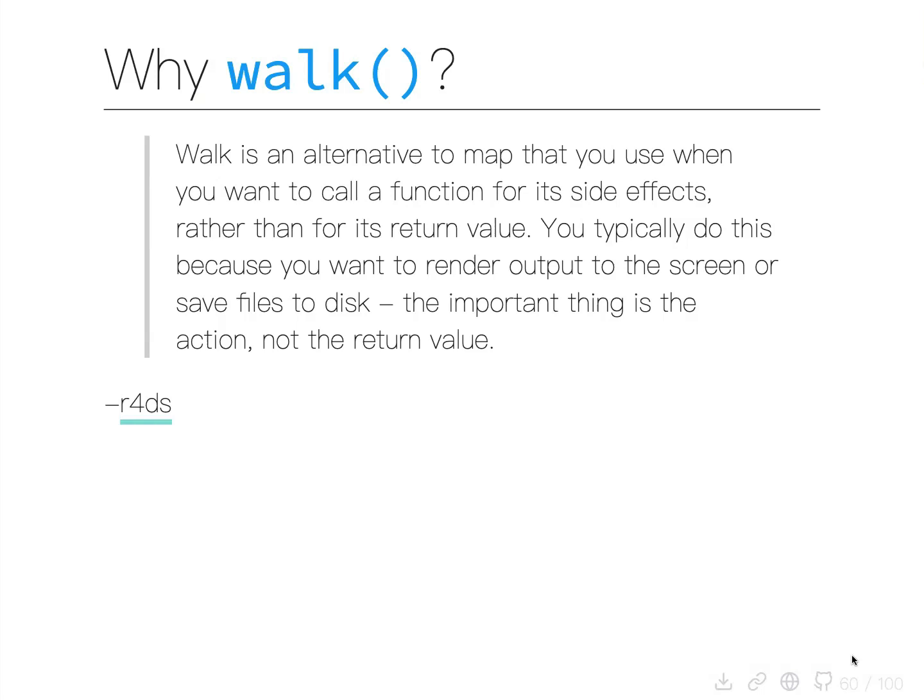So walk is an alternative to map that works exactly the same as map. However, you use it when the primary thing that you want is what's called a side effect of a function rather than the return value itself. A side effect, we'll talk about this more starting next week, although I don't focus on it too much because I don't think it's that important.